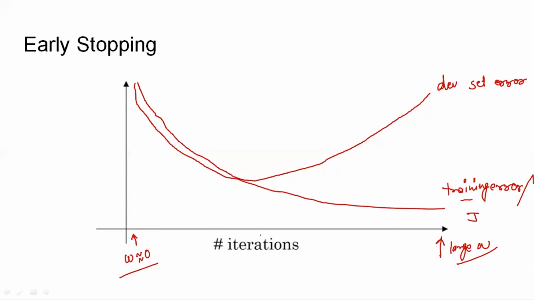Okay, and this is the mid portion where you would have an optimal value of the parameter w. So there would be a mid size value of the Frobenius norm of the parameter w.